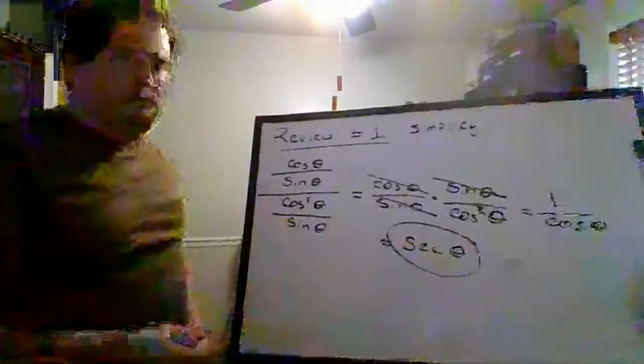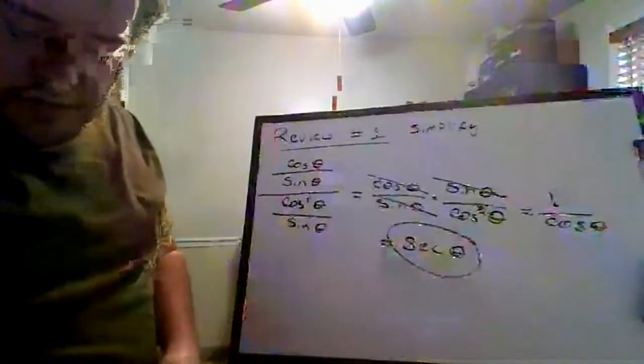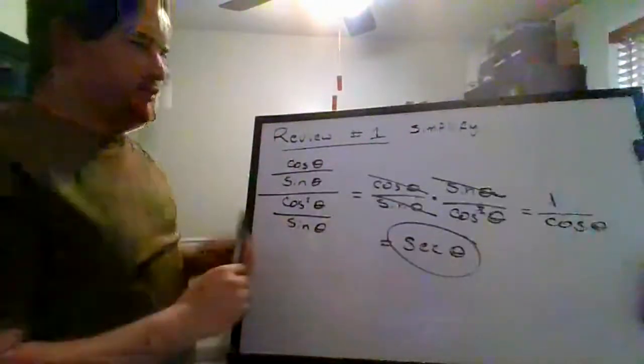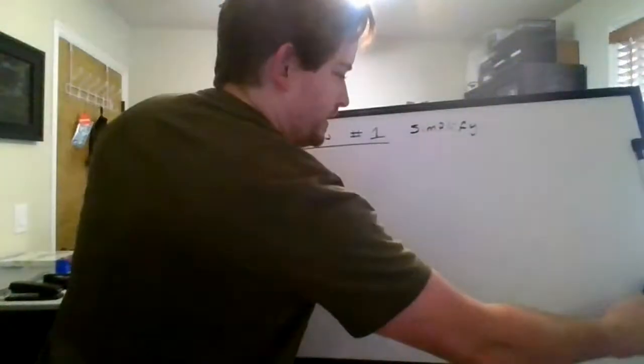Okay. Let's take a look at B. I did B as well. There's an inverse in there. Don't let that trip you up, because we should know how to deal with that as well.